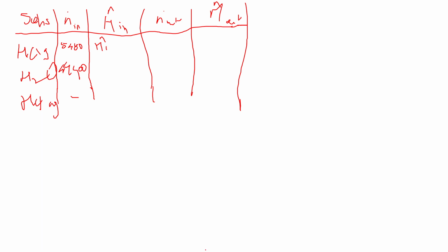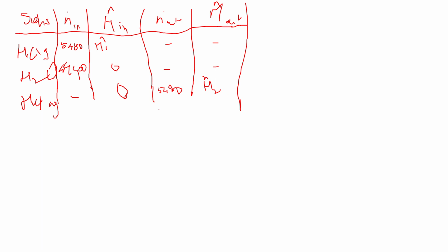So this will be 0, this will also be equal to 0. And out, this will be 0, this will be 0, and aqueous will be 5480. 0, 0, and H2. Let's term this as H2, which we will be finding out.